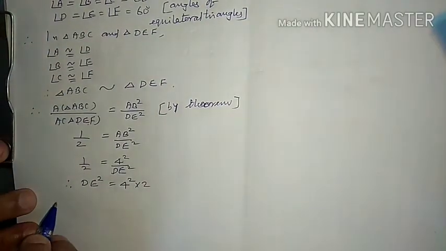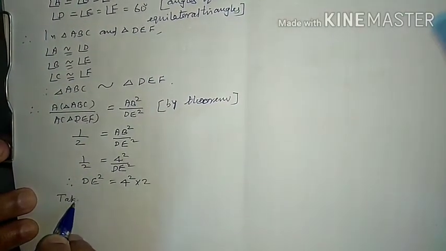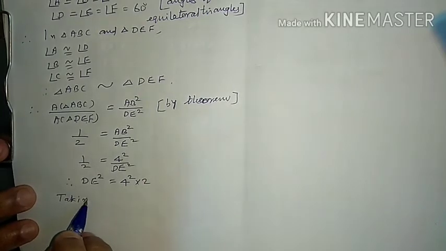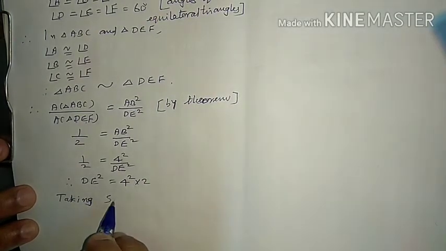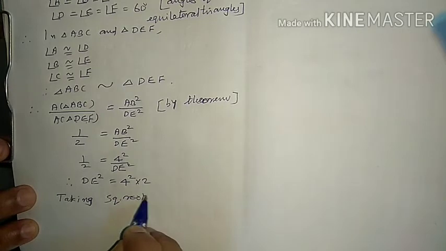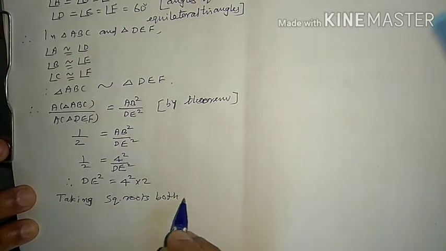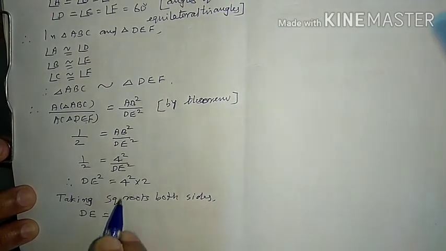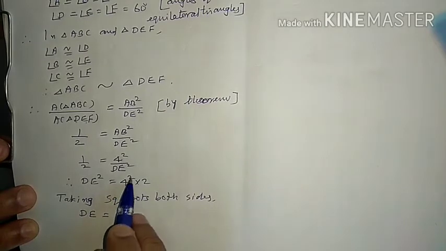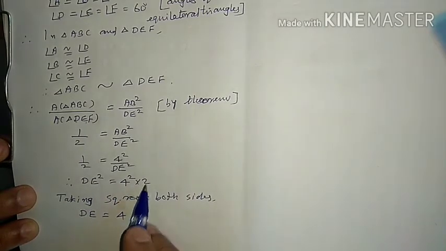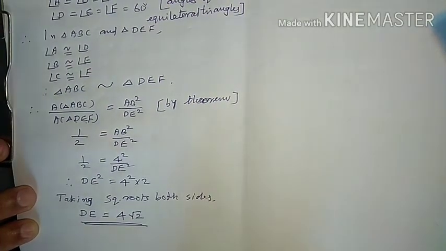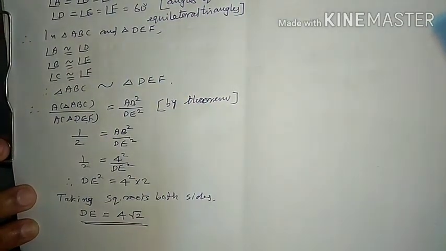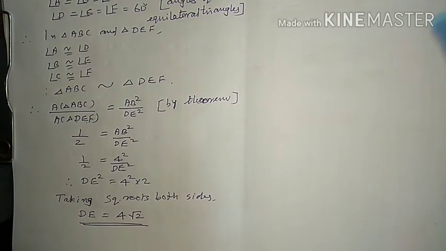Now we take square roots on both sides. DE is square root of 4 square, which is 4, into square root of 2. It is 4 root 2. So much units. That's a length. This is question number 6.